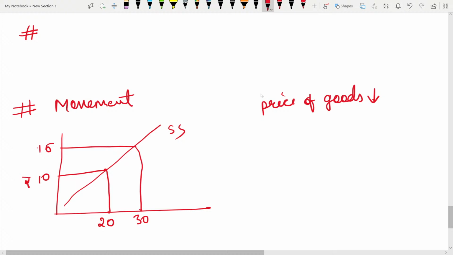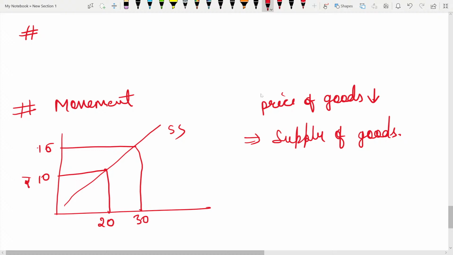Producers are watching, and supply decreases, because we all know that the producer works mainly for profit motive. So whenever the price of goods decreases, supply also tends to reduce.